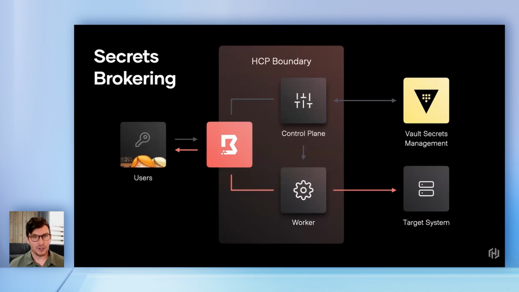Boundary can store credentials itself that can be brokered to authenticated users with the right level of access. But when integrated with Vault, Boundary can facilitate access using all the credential management features that Vault is known for, like just-in-time access and ephemeral secrets.